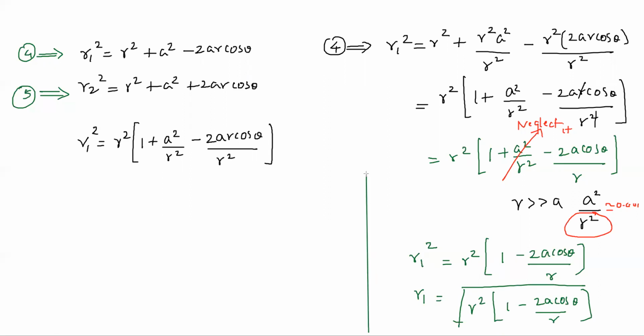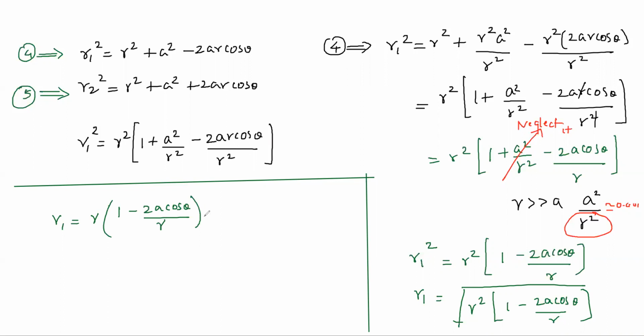So let me continue here on the left hand side. r1 equal to, you have r square here, you can take r outside, and 1 minus 2a cos theta by r is still under the square root sign. Square root I can write as power 1 by 2. If it is cube root of a, I can write it as a power 1 by 3. So square root I can write as power 1 by 2.